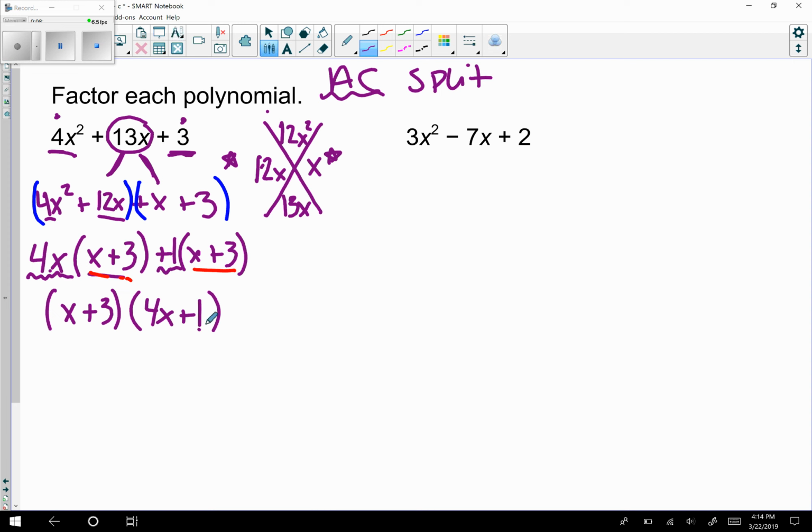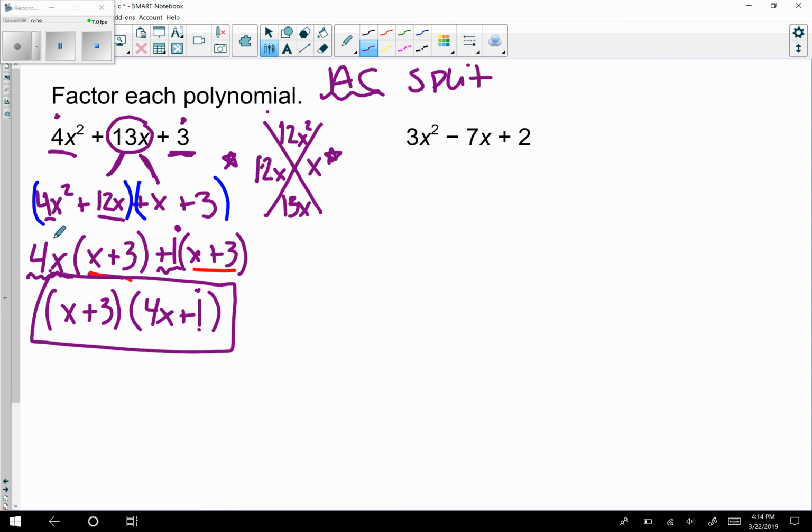So the stuff that you've taken out, that is going to turn into your new factor. So 4x plus 1 is the new factor. So we didn't take anything out here, but we just went ahead and said, okay, it's just going to be 1. But you have to have that 1 back there as that placeholder.